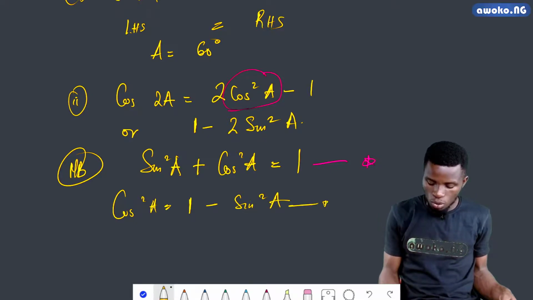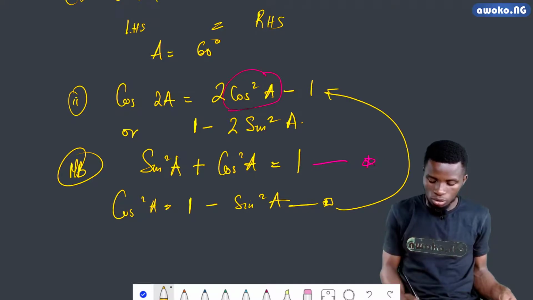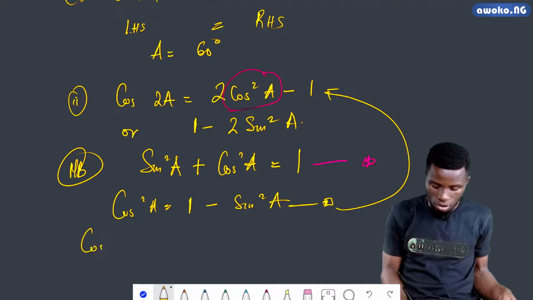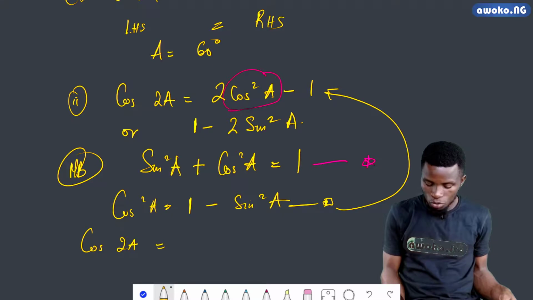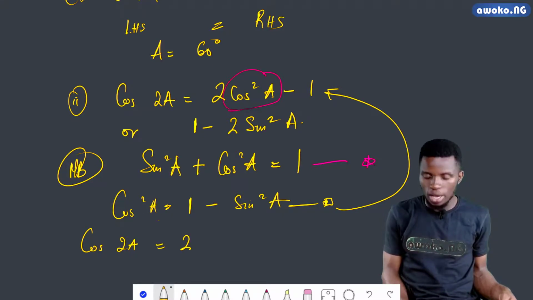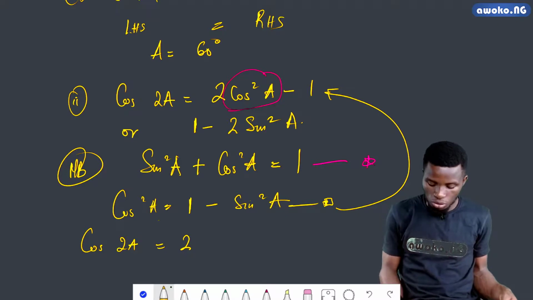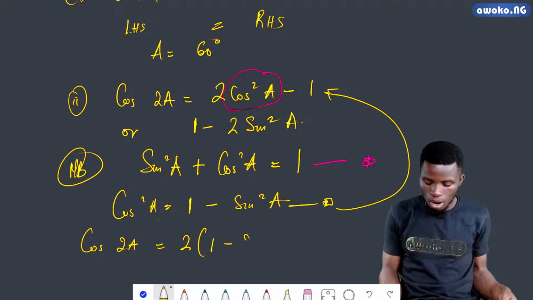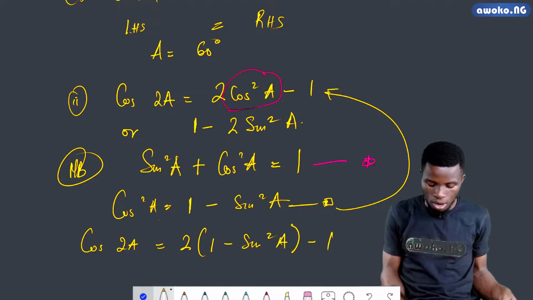If you put this equation inside this equation, you have that cos 2A will be equal to 2 times, because cos square A is no longer cos square A, but 1 minus sine square A. So we'll say 2 times 1 minus sine square A, then minus 1.